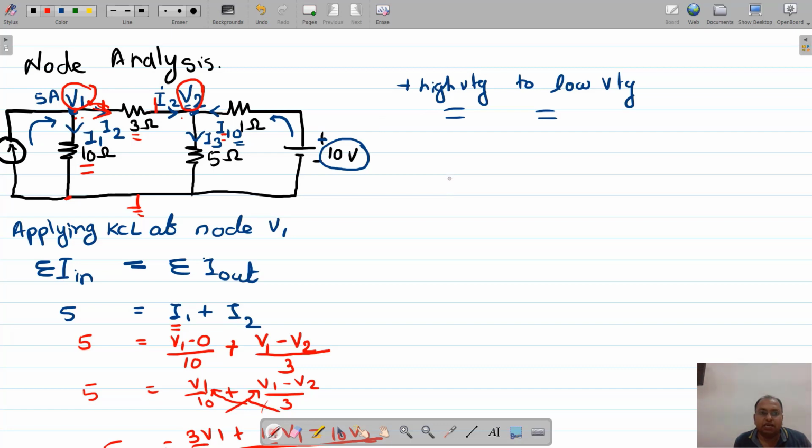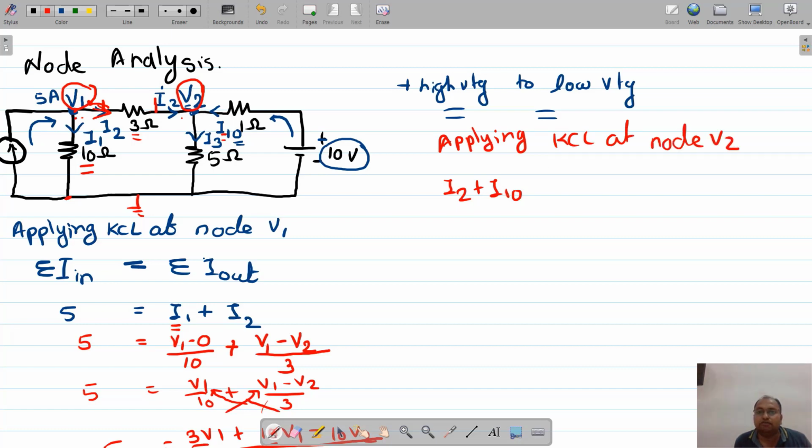So incoming currents are which? I3 and I10, right? Sorry, not I3, it's I2. I2 plus I10, these are the incoming currents. So this is applying KCL at node V2.